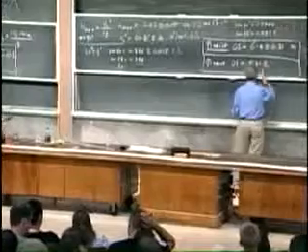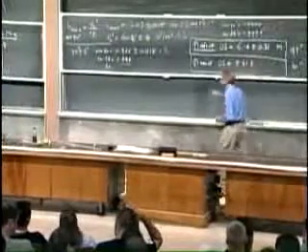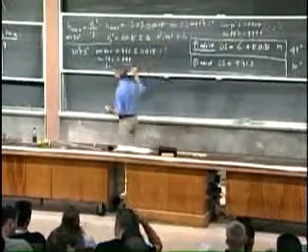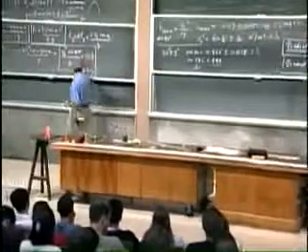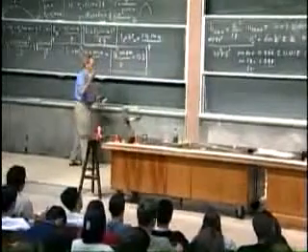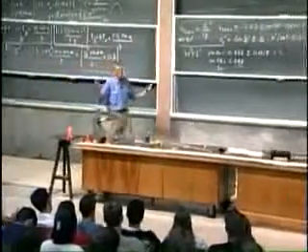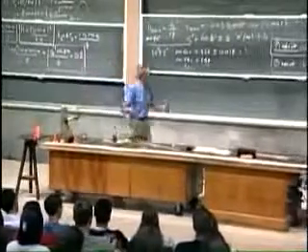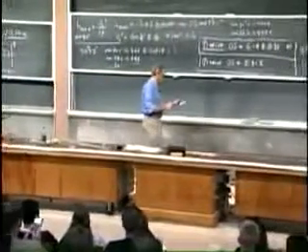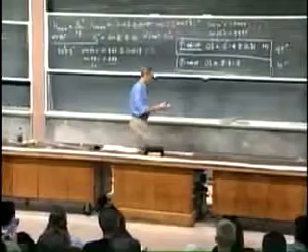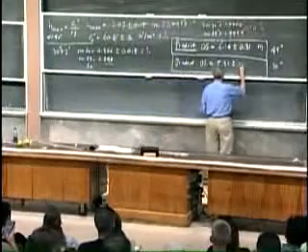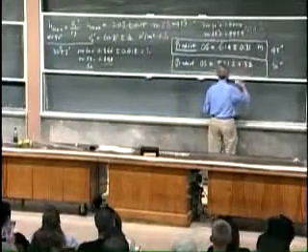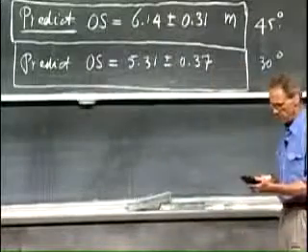plus or minus. Now, 2% error in the sine of 2 alpha, 5% error in V0 squared. That gives me, I can't help it, a 7% error. So I have a 7% uncertainty, multiplied by 0.07. So I cannot trust this any better than 37 centimeters.